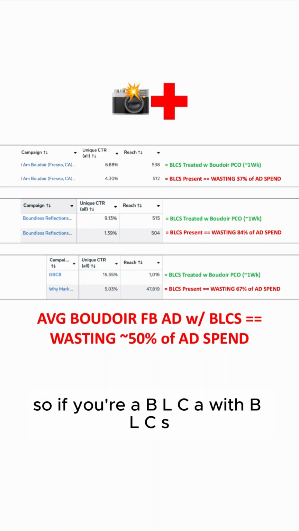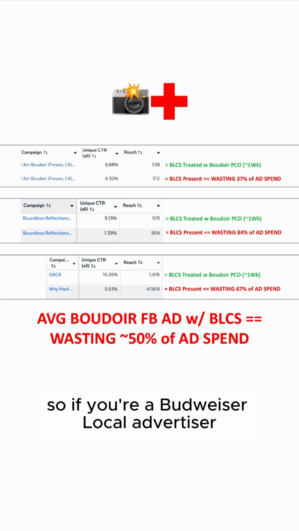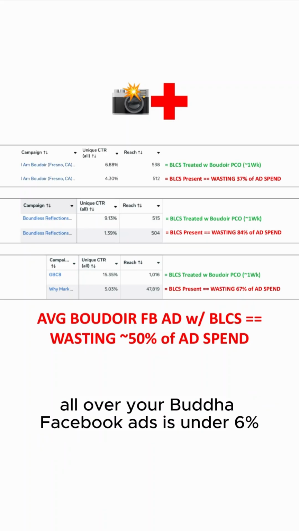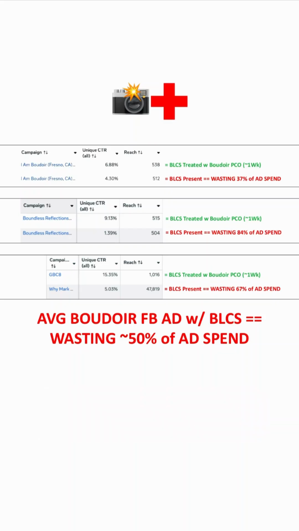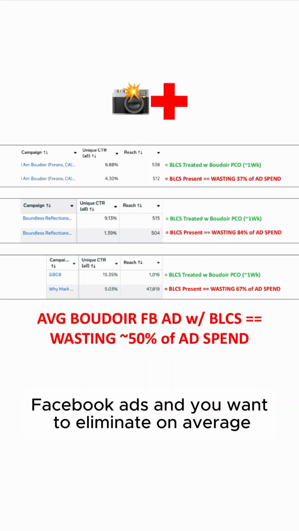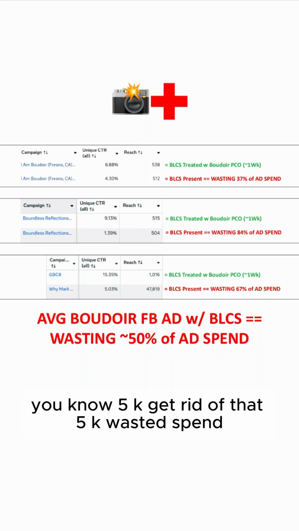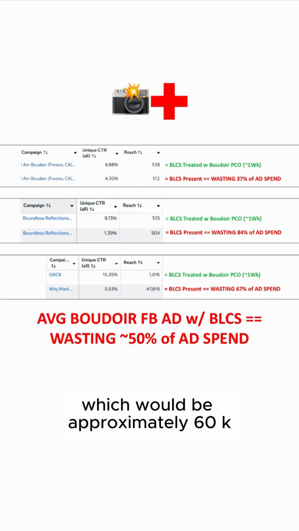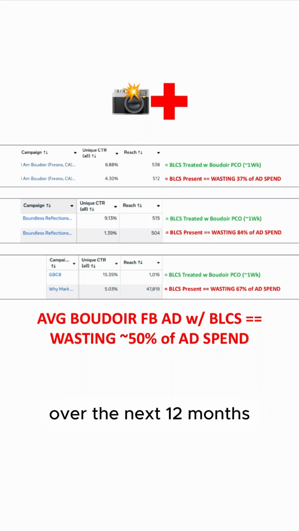So if you're a BLCA with BLCS, so if you're a boudoir low click advertiser with boudoir low click syndrome, your unique CTR of your boudoir Facebook ads is under 6%, and you're spending more than 10 grand a month on boudoir Facebook ads, and you want to eliminate on average 5K, get rid of that 5K wasted spend, put that back in your pocket, which would be approximately 60K over the next 12 months.